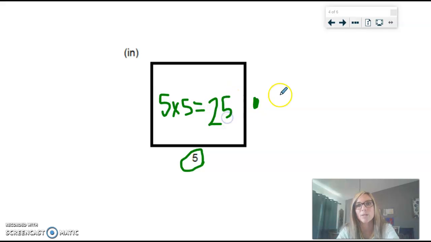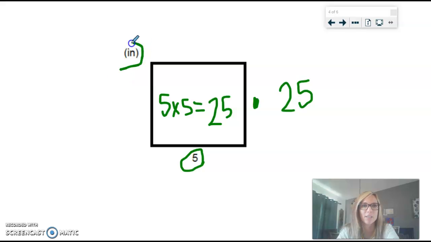And once again, we cannot forget the unit. So 25, and I see over here that they were measuring this time in inches. So 25 inches squared. Okay, again, don't forget the unit. It's very, very important. So 25 inches squared, or 25 square inches.